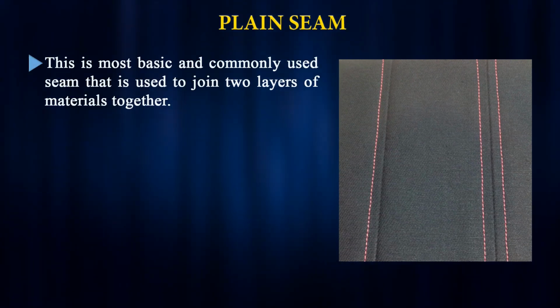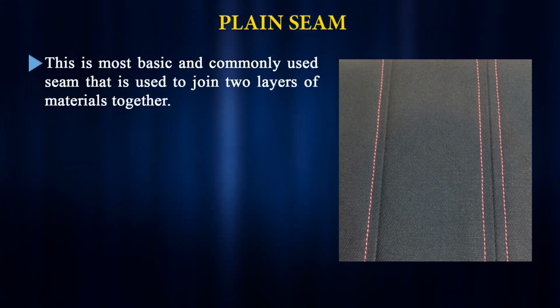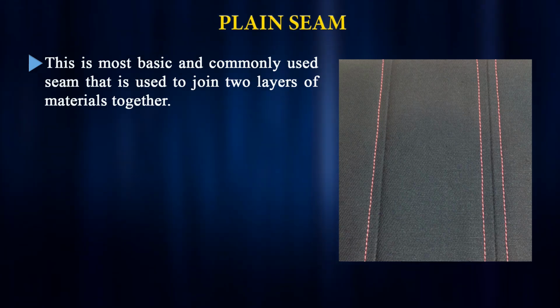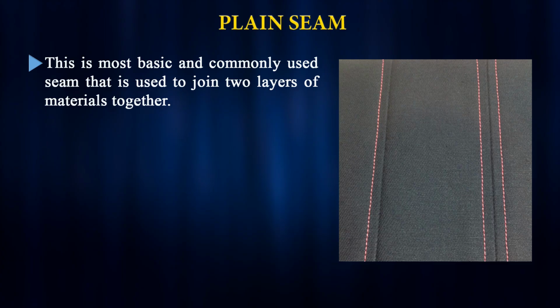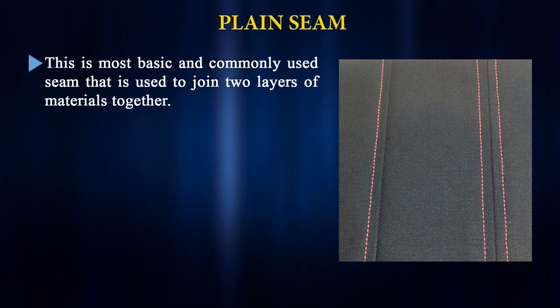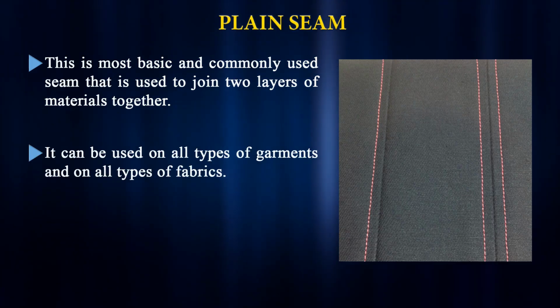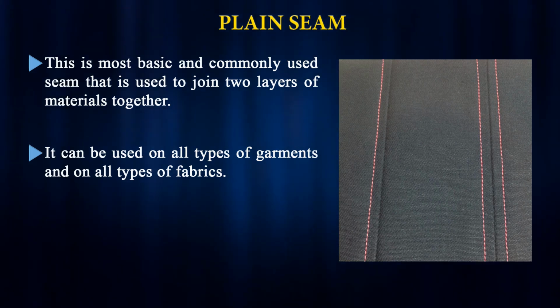This is the most basic and commonly used seam, used to join two layers of material together. The basic seam we start stitching a garment with is the plain seam. It can be used on all types of garments and all types of fabric.